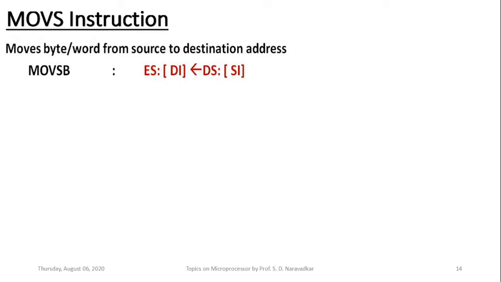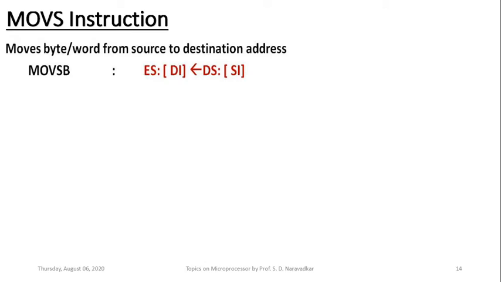A byte from the source location is copied to the destination location, the destination address. The source location will be from the data segment offset given by SI, and the destination location will be the extra segment offset given by DI. Clearly shown and understood on the right side.